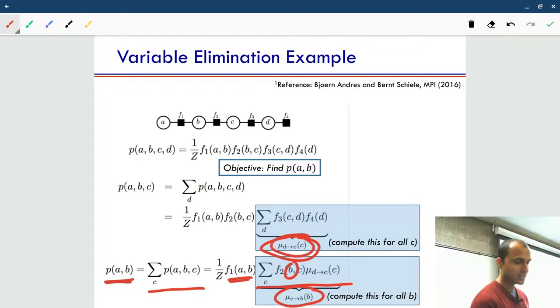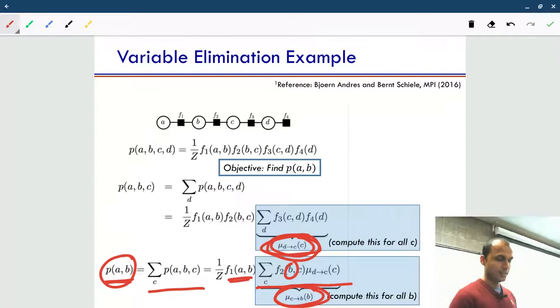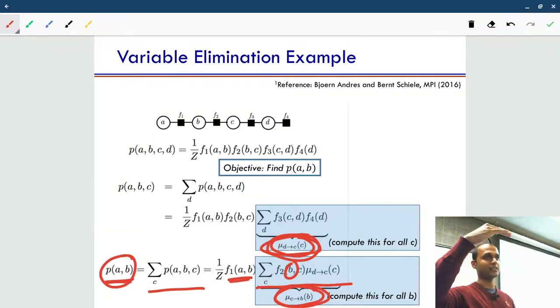There are some intermediate computations we have to do to get to the marginal distribution between a and b, and we are going to store those as vectors. If all these are discrete, then both of the circled mu terms are just vectors. For every c value there's one number, so it's a vector, and eventually you're going to call that vector a message. For now, that's the reason I introduced this notation.